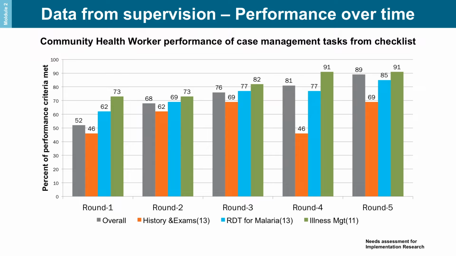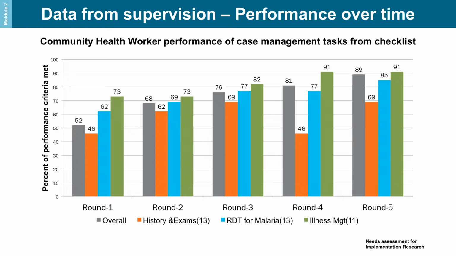Did the community health worker actually perform a rapid diagnostic test for those who were suspected of malaria? And did the community health worker perform the correct case management procedures for whatever the condition was? As we said, malaria, pneumonia, diarrhea, or in case of unknown, they would be expected to refer.